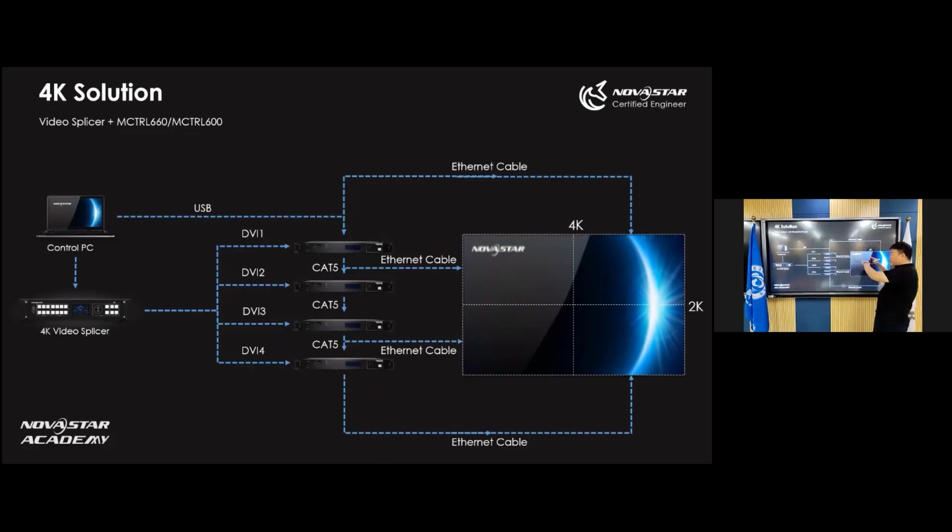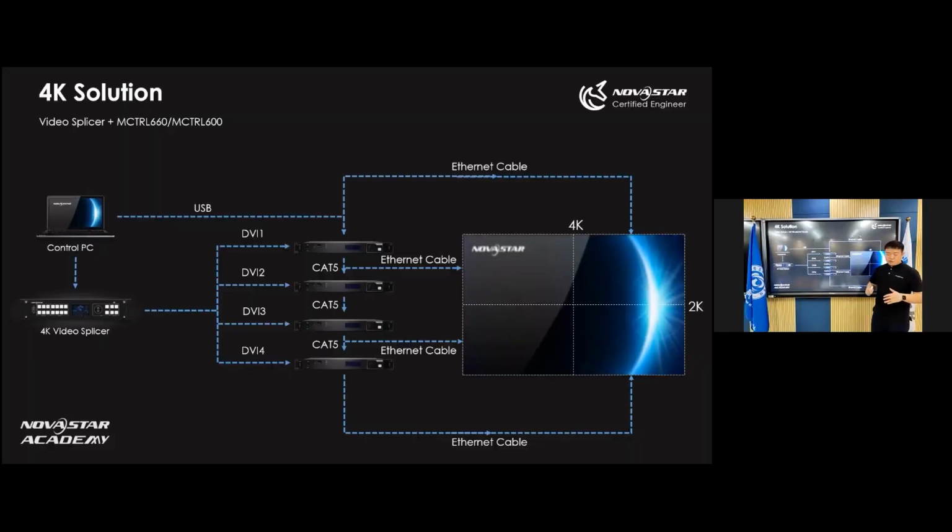If we want to display the whole image, we must have a video slicer in front, a 4K video slicer. So the video source will be provided to the 4K video slicer, and it will feed the first, second, third, and fourth controllers. They will slice the content into a complete image on the screen. So this is a traditional way. We have the control PC, the video slicer, and 4 pieces of Sony controllers.